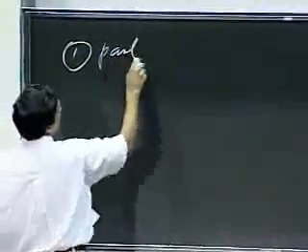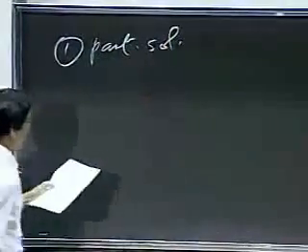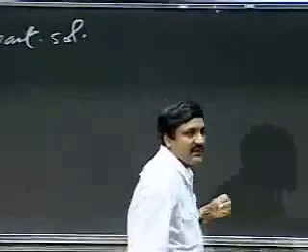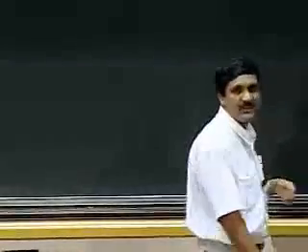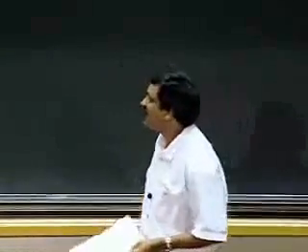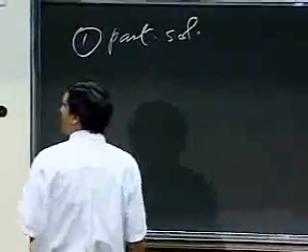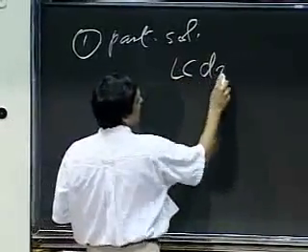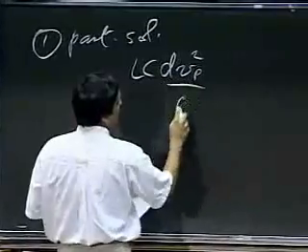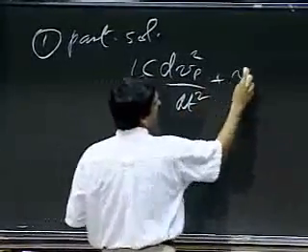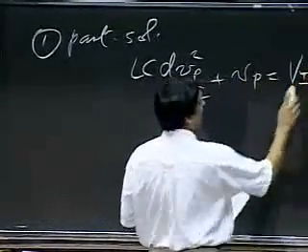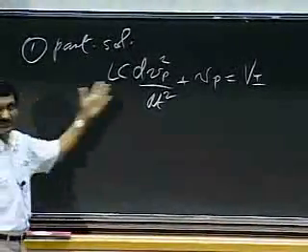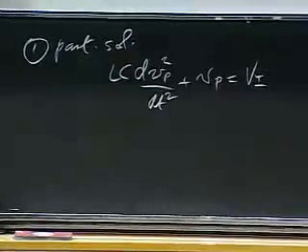So particular solution. For the particular solution, I simply need to find a solution, any solution, not the most general one, but any solution that satisfies the particular equation. So LC d squared Vp dt squared plus Vp equals Vi. My input's a step, and I'm going to look for the solution for time t greater than 0.